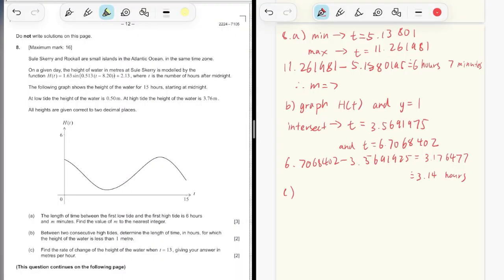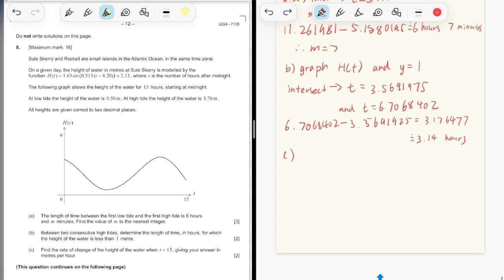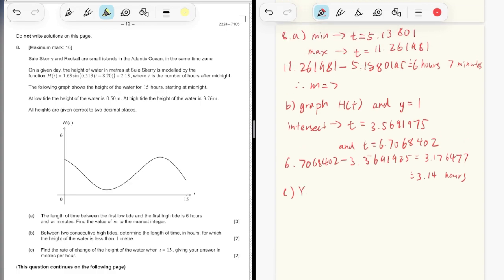Therefore, the answer would be negative 0.651 meters per hour. And this is because it is the rate of change where we would take the derivative.